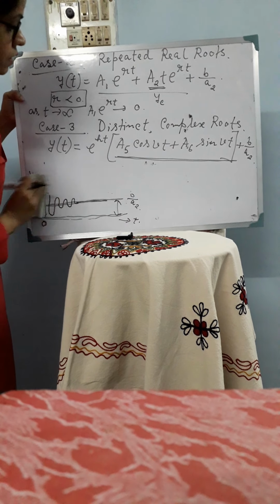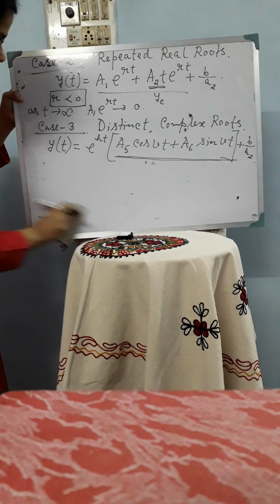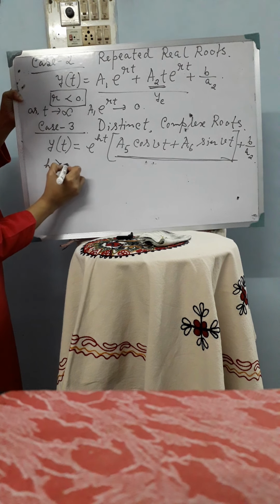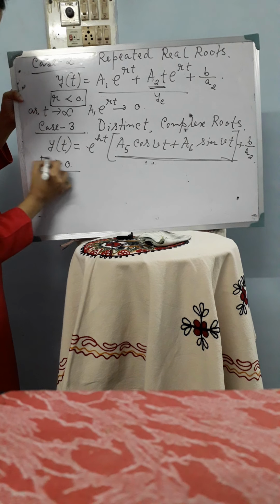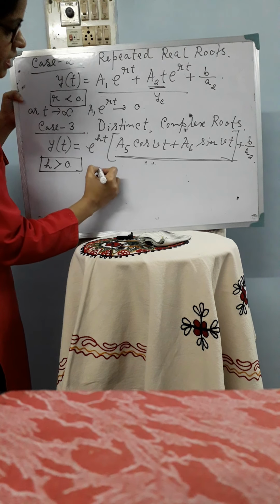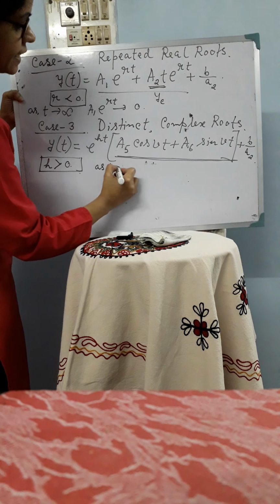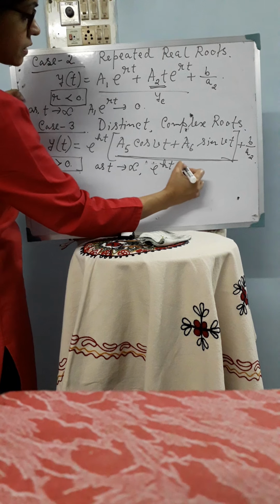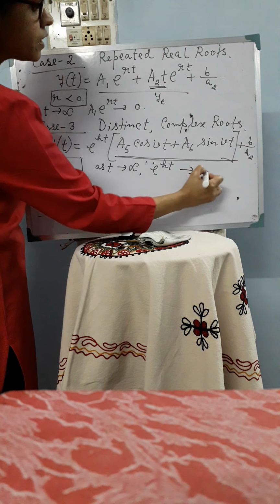Now when h is greater than 0, what is the nature of the time path? When h is greater than 0, then as t tends to infinity, e to the power ht tends to infinity.